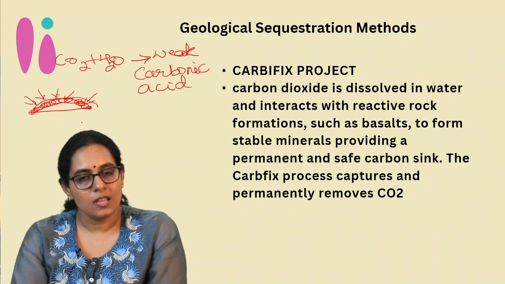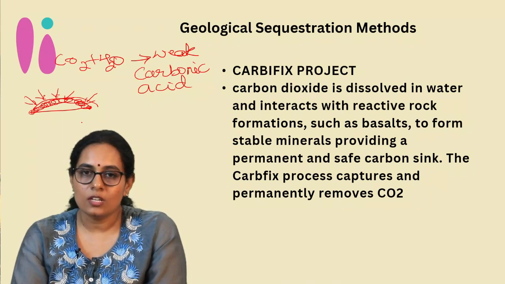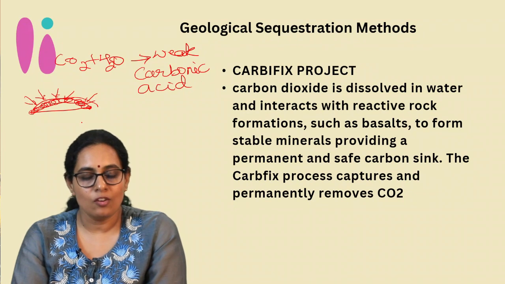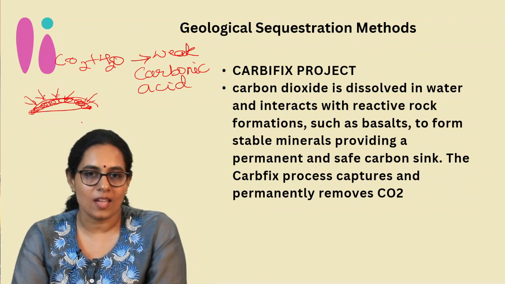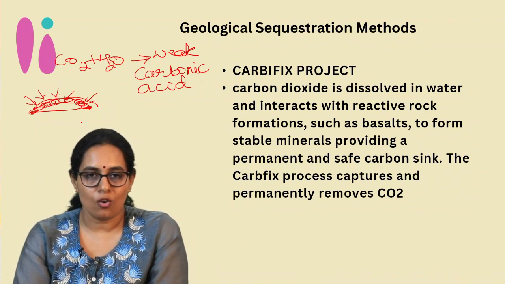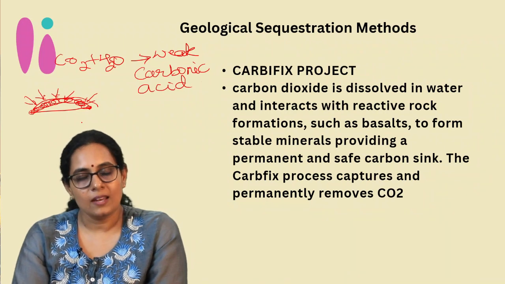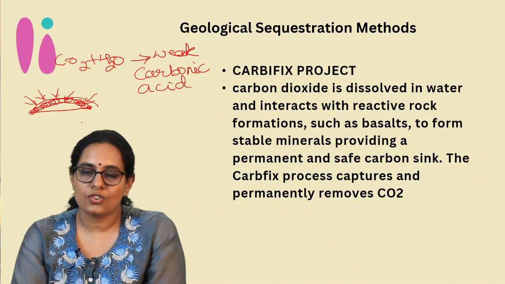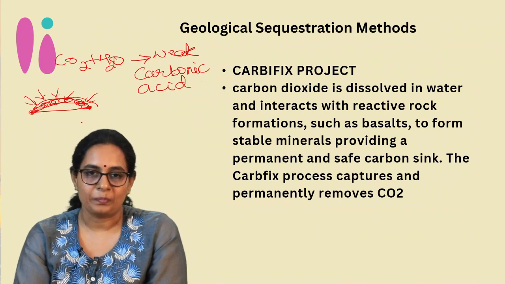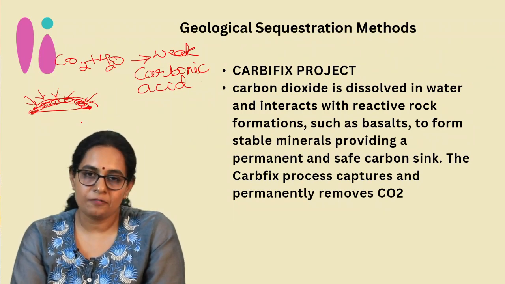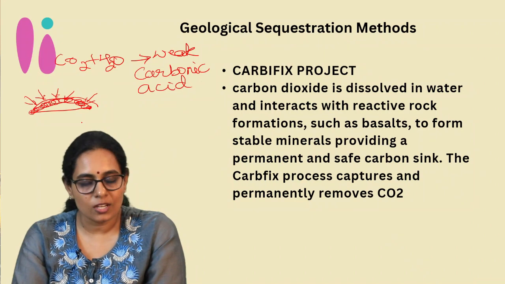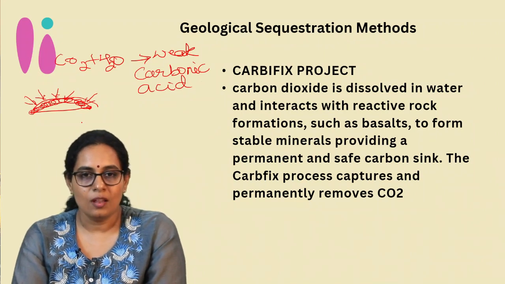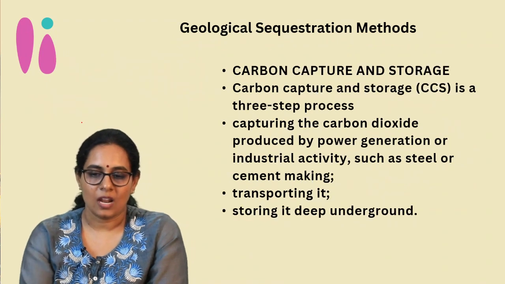The Carbfix project is a project where we dissolve carbon dioxide in water to form carbonic acid, and it is sprayed on the rocks, and it gets converted into a compound which is trapped in the rocks. So these are the different types of biological and geological methods of carbon sequestration.